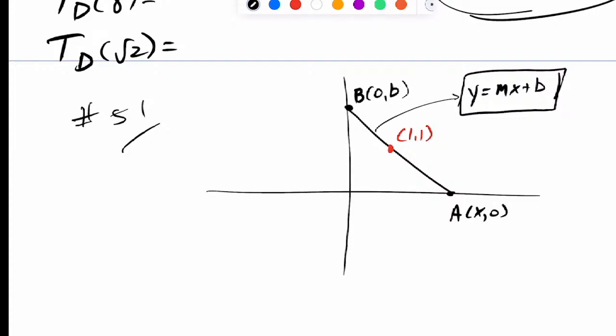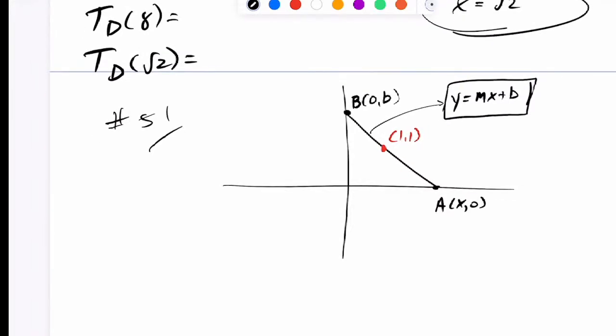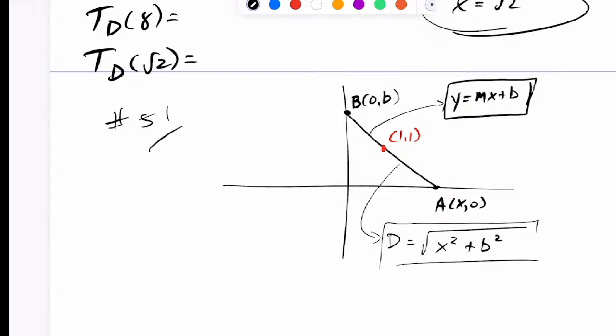So I want to minimize this distance. If I go to my distance equation, it's going to be change in x squared plus change in y squared. So you end up getting the square root of x squared plus b squared. That ends up being my distance equation.